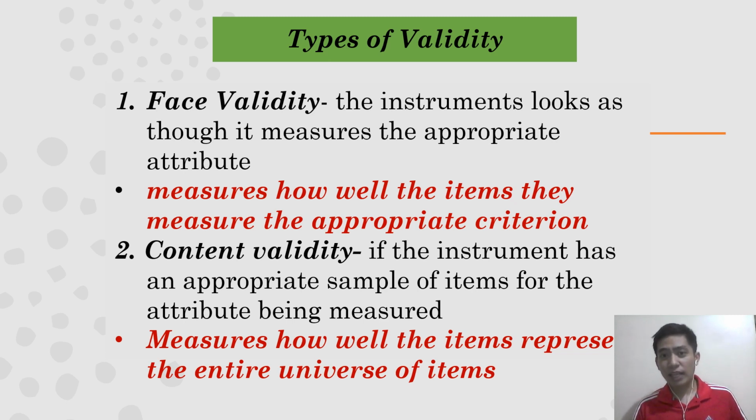Measure how well the items measure the appropriate criterion. And content validity is the instrument has the appropriate sample of items for attribute being measured. Measures how well the items represent the entire universe of items.